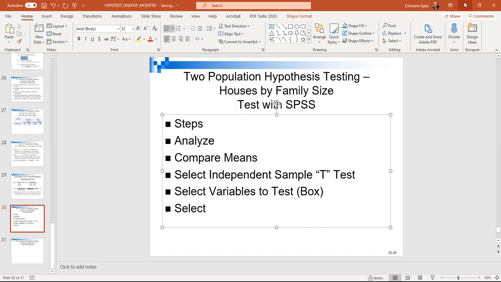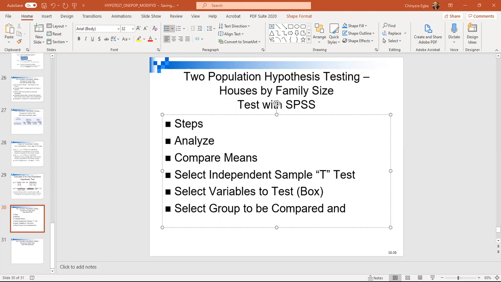The groups to be compared. Select the groups to be compared, and you type in the groups.